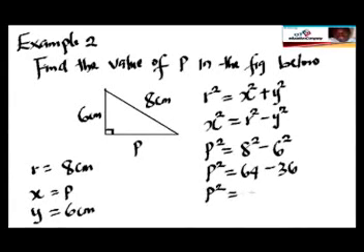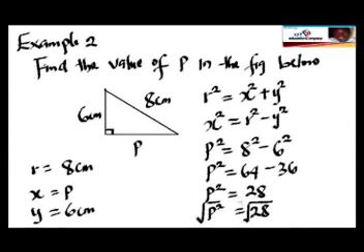If I punch that in the calculator, I'm getting 28. And here I have P squared is equal to 28. Yes, that's it. But if I find the square root of both sides, remember, whatever you do to one side of the equation, you do to the other.